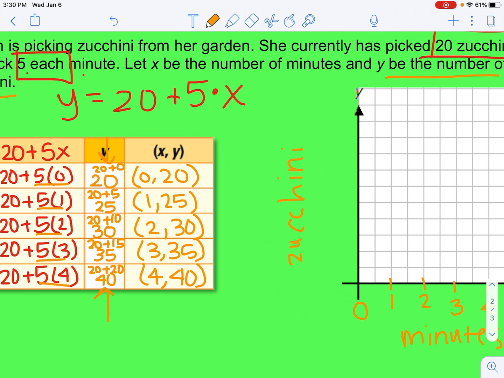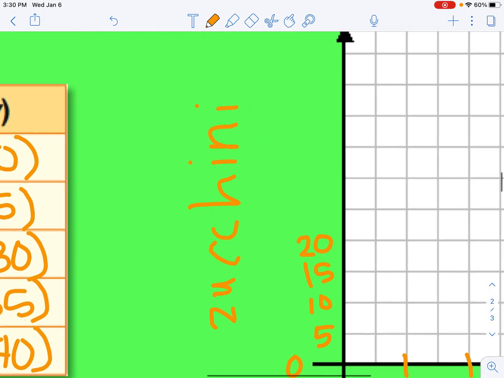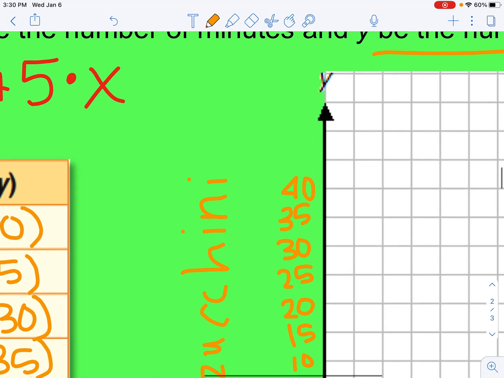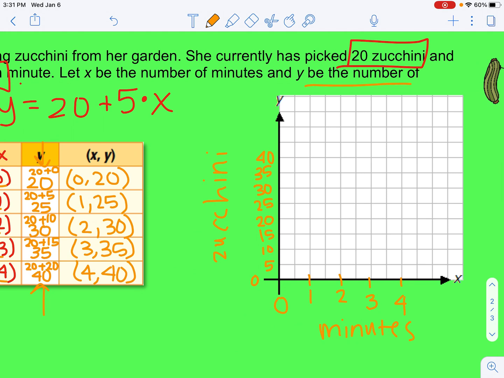Okay, so we can't count by ones, because if we start here at 0 and then 1, that won't get us all the way up to 40. So let's try counting by 5s. So right here is 0, 5, 10, 15, 20, 25, 30, 35, 40. Alright, we made it. Perfect. So now we're going to go ahead and plot our points.